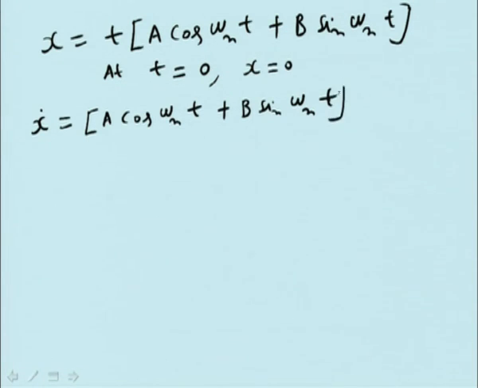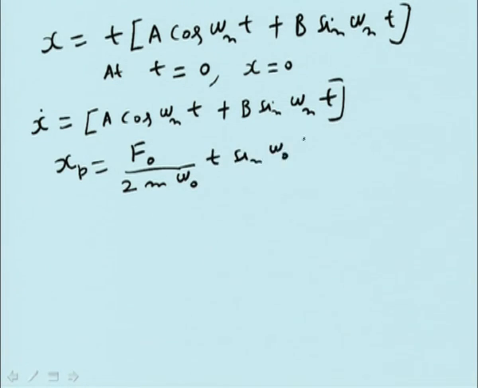So we have to put that condition, and after that we will get a solution which will be x p equal to F0 divided by 2m, omega 0 t sin omega 0 t. So that means at natural frequency the vibrations will always keep increasing.